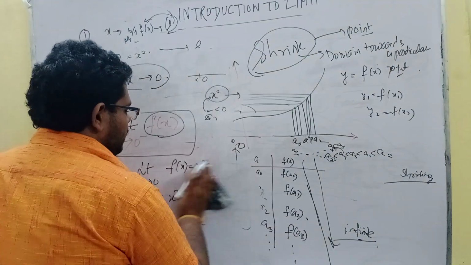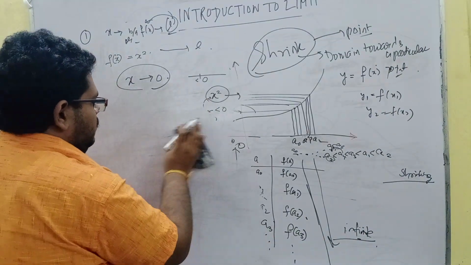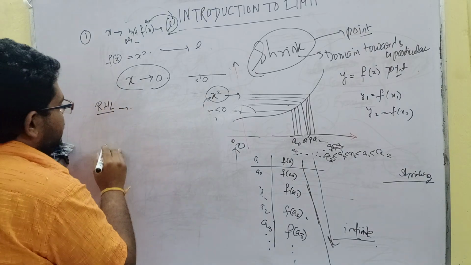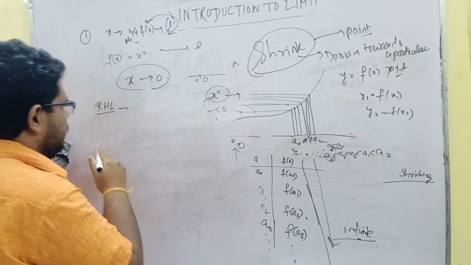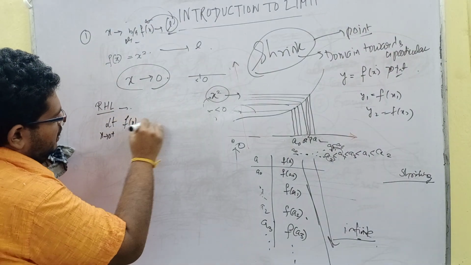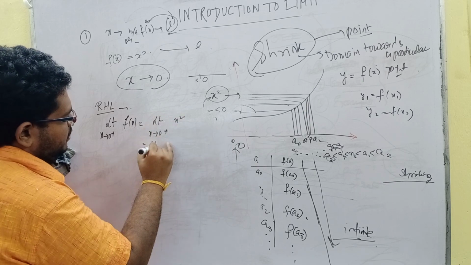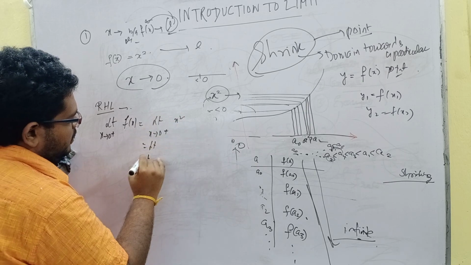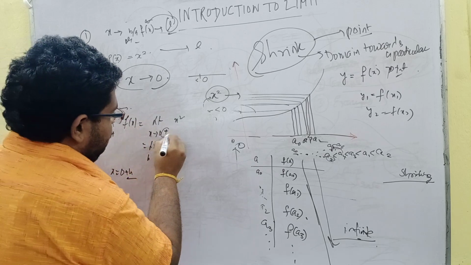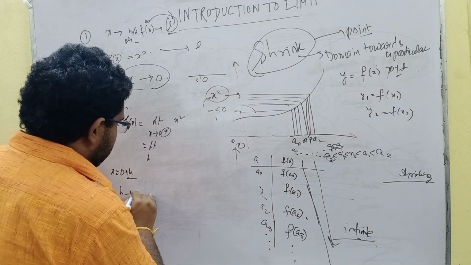Now this is our first work. Now what we will do is the right hand limit. Right hand limit is the same thing, x tends to 0 plus of f(x). So what is this? Limit x tends to 0 plus of x square. We will do some substitution, 0 plus h, because it is some value which is after 0. So 0 plus h and h tends to 0.